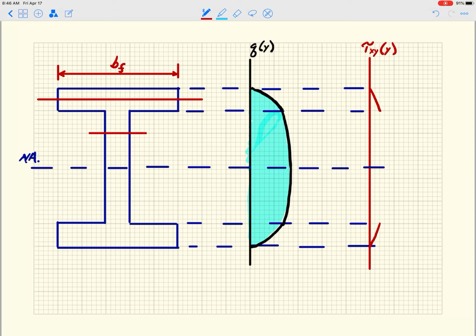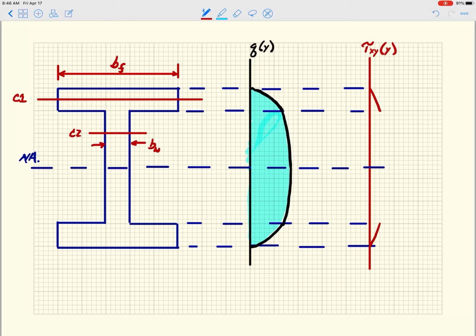Now, as soon as I jump into this area and make this cut, so this is sort of cut 1, and this is cut 2, all of a sudden, instead of dividing by B sub F, I'm dividing by B sub W. So this is going to jump.